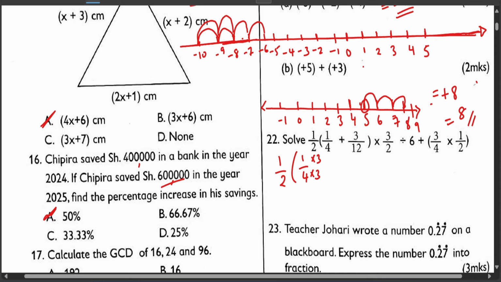So you write 3/12 instead of 1/4. So 3/12 plus 3/12 again. So deal with those in brackets. 3/12 plus 3/12 gives you 6/12.